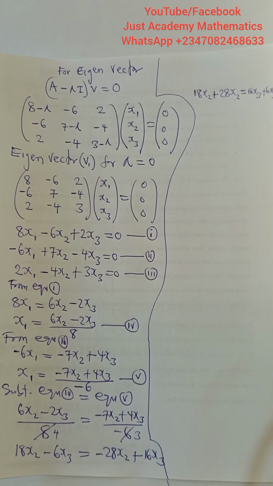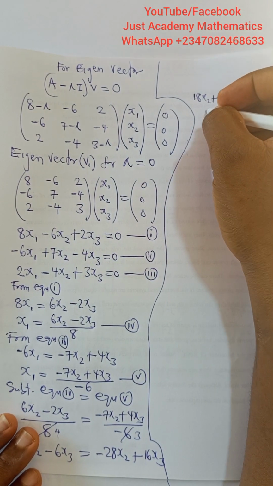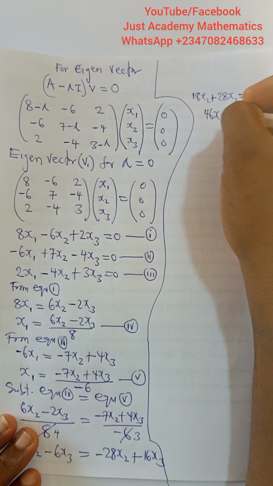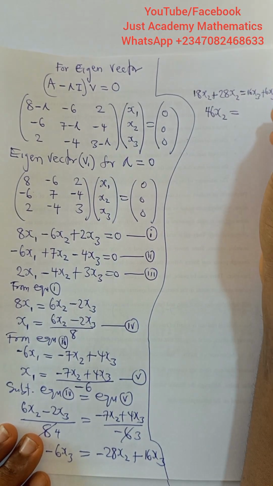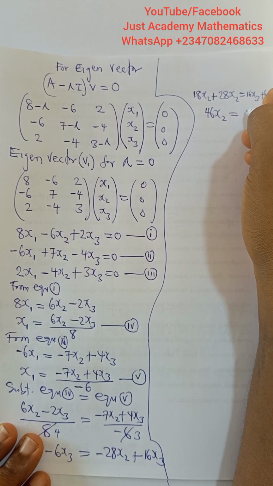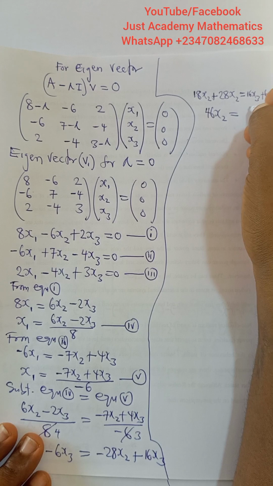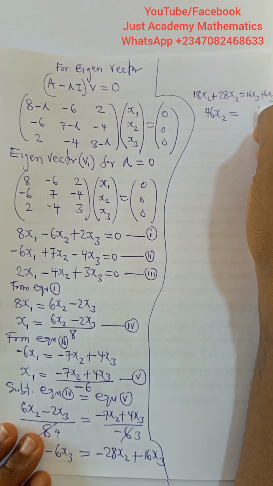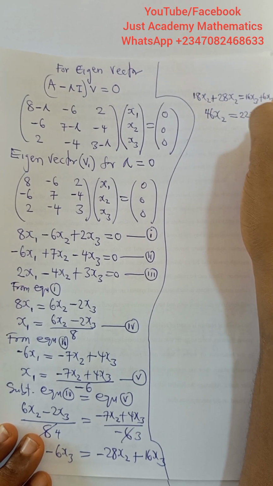And of course, 18 plus 28 will give us 46, so we have 46x2 is equal to what? 16 plus 6 will give us 22x3.